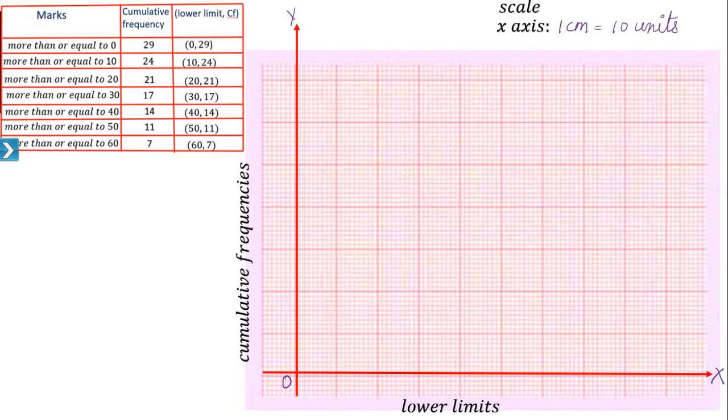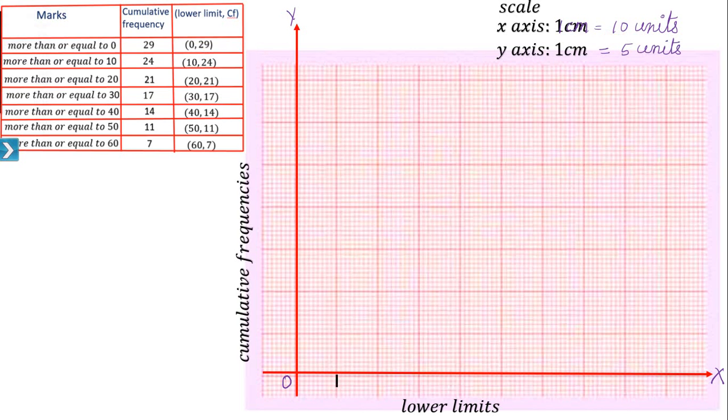Along the y axis, observe the points. Here the points are 29, 24, 21, 17, 14, 11 and 7. It varies from 7 to 29. So, we can choose a scale for y axis: 1 centimeter is equal to 5 units, because maximum number is 29.